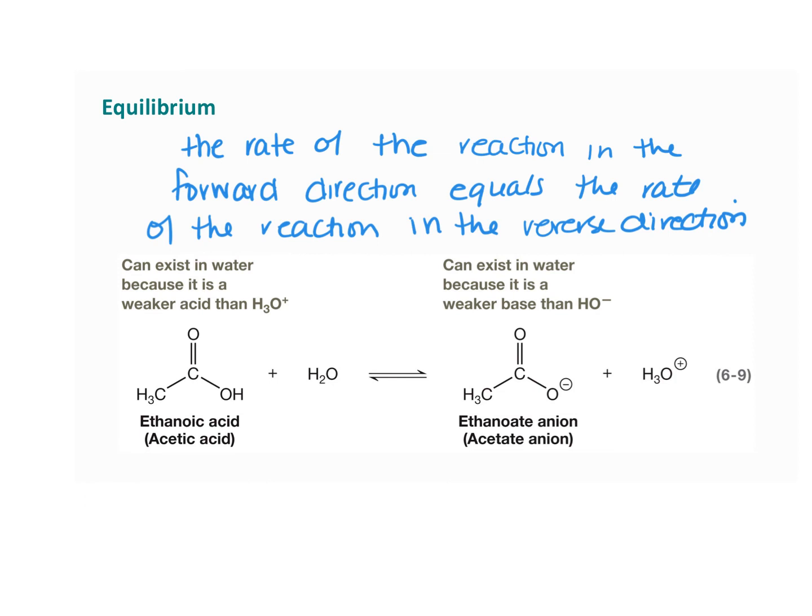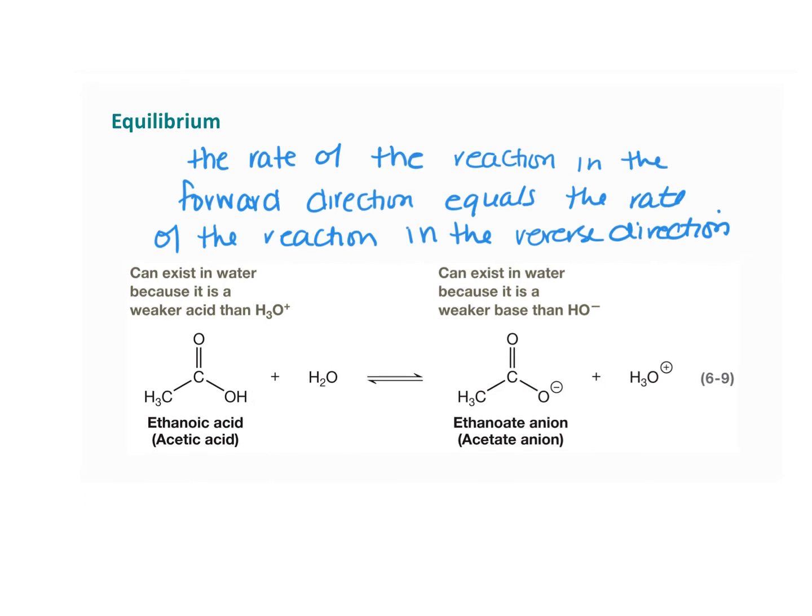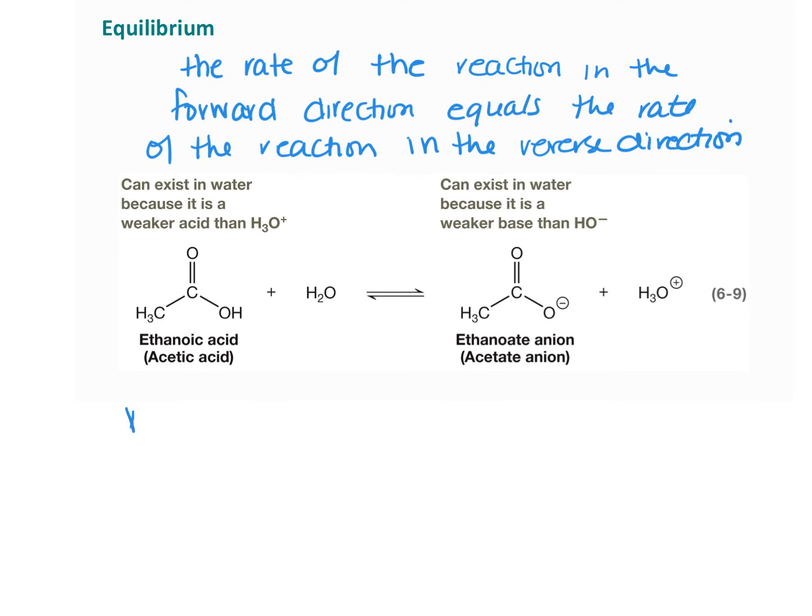Okay. Now, what this means is that the concentration of reactants and products don't change. It doesn't mean they're equal to each other. It just means the concentrations of reactants and products don't change.